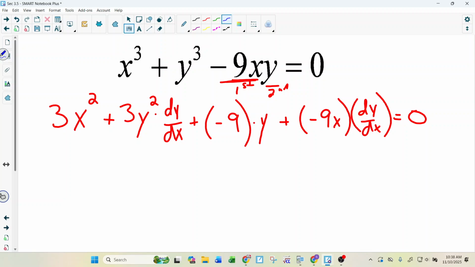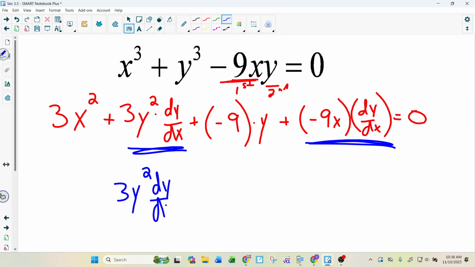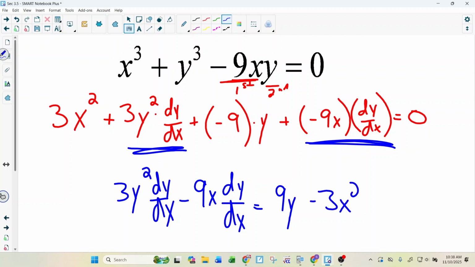Now, we are solving for dy dx. So we have two terms with dy dx. I'm going to keep them on the same side, and I'm going to move everything else, negative 9y is just 9y, 3x is negative 3x, to the other side.